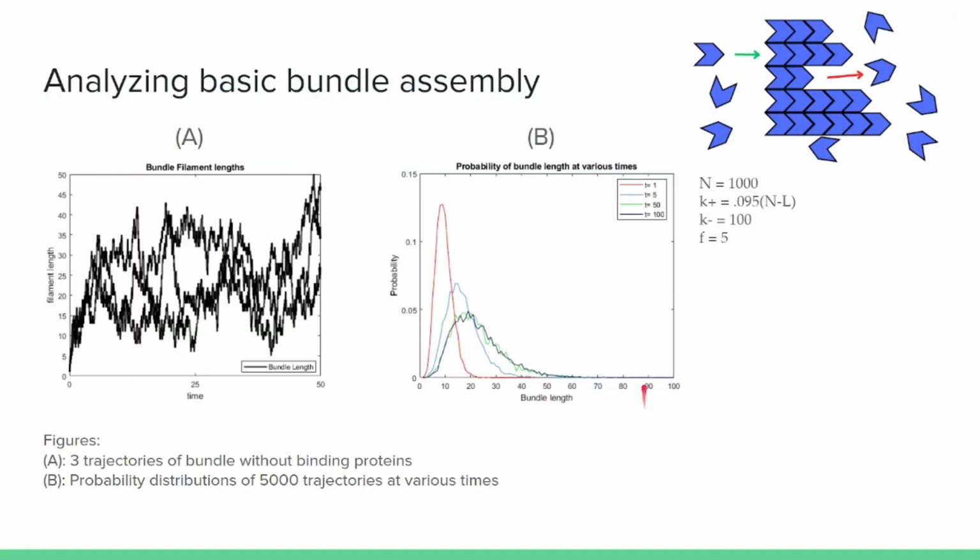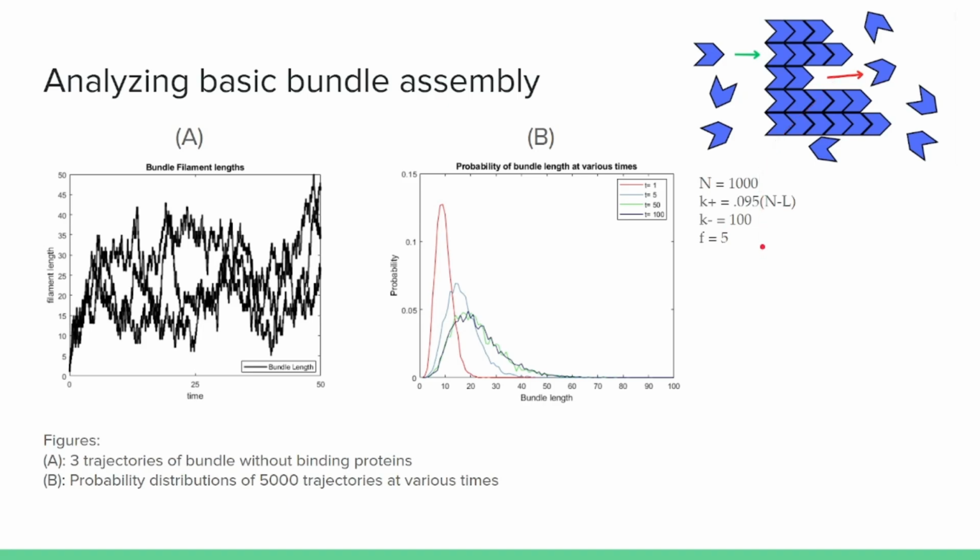First off, analyzing basic bundle assembly. As a reminder, this is a schematic of a bundle. A bundle consists of multiple filaments, and in our model, we used 5 filaments. Each filament within its bundle has its own length dynamics, which form individual lengths, and the bundle's length is defined as the longest filament.